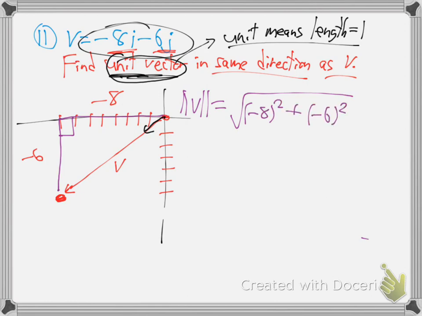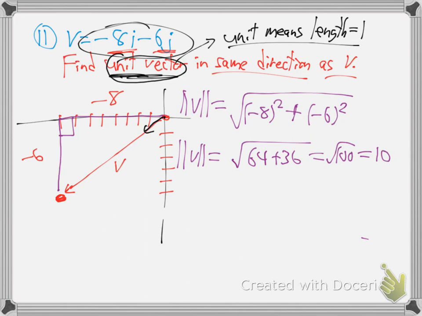Negative 8 squared plus negative 6 squared. That's the magnitude of vector v. And so what's that? 64 plus 36, square root of 100. So the magnitude of vector v is 10. The length of vector v is 10. Okay, great. So right now, this thing's magnitude is 10. From there to there is 10. I want to shrink it down to have only a length of 1.